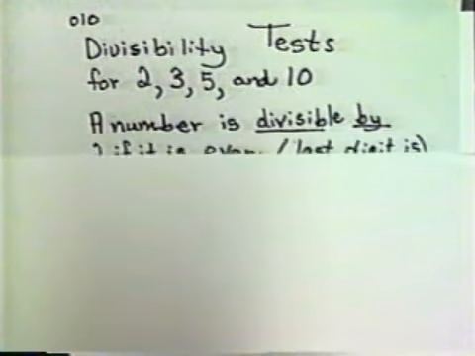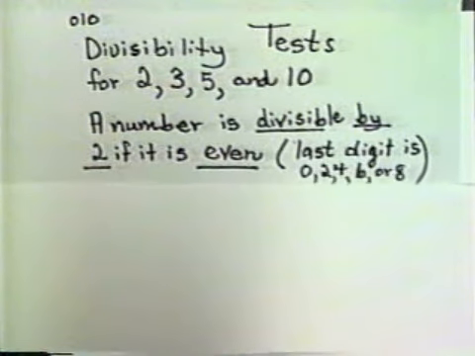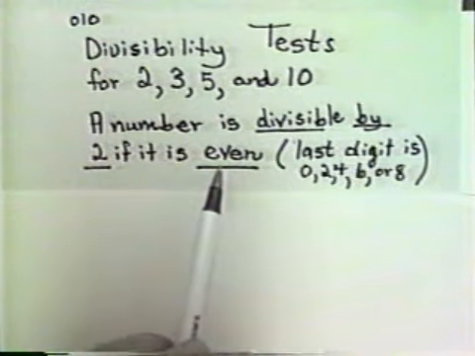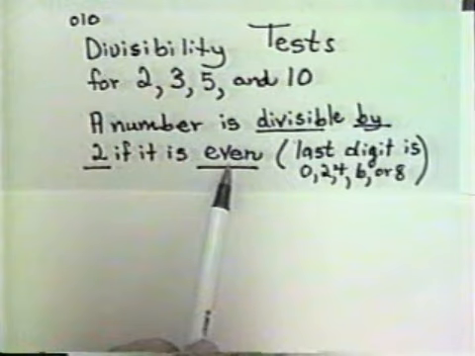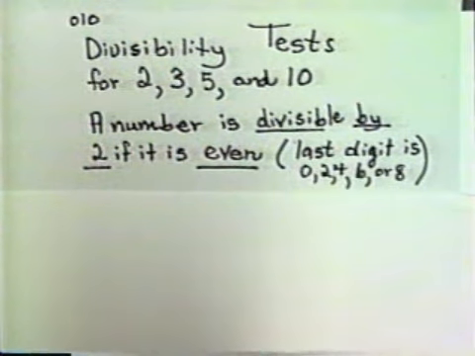First of all, let's talk about being divisible by 2. A number is divisible by 2 if it's an even number. Now what even means is that the last digit is 0, 2, 4, 6, or 8. So if your number has a last digit of 0, 2, 4, 6, or 8, then it's divisible by 2.